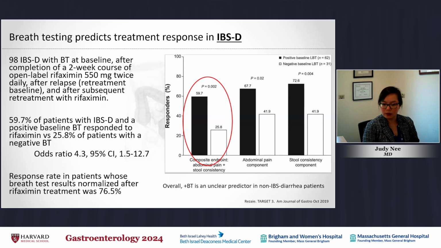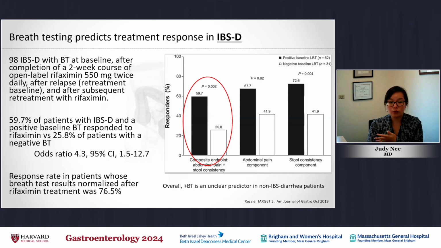I'm showing here the TARGET 3 trial that is suggesting that it's indicative of response in IBS-D patients. They took 98 patients with IBS diarrhea with a breath test at baseline, and then after completion of a 2-week course of open label rifaximin, they were treated again in open label if they relapsed. What they found was that nearly 60% of patients with IBS-D who had a positive lactulose hydrogen breath test responded to rifaximin.